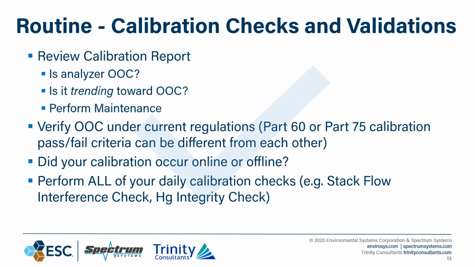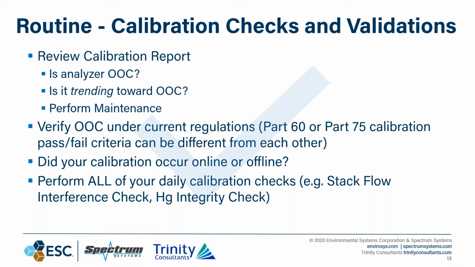Getting back to our calibration checks and validations, you want to review the calibration report. Obviously, did my analyzer pass? Am I OOC, out of control? Trend the calibrations for the last 7 to 10 days and see if you are inching your way towards an out of control condition.